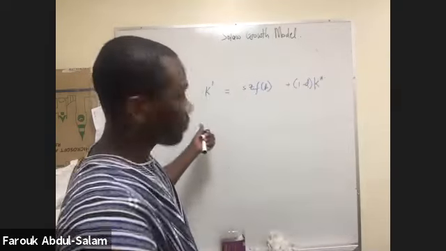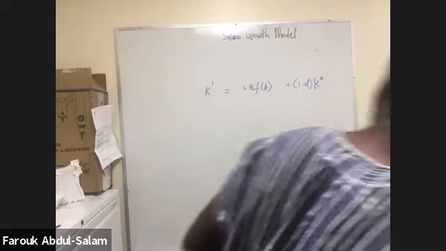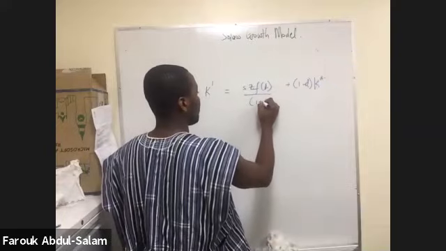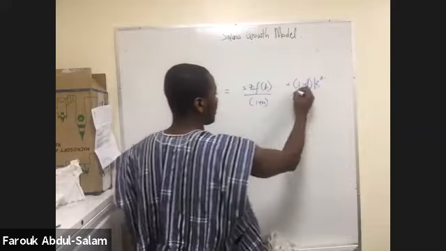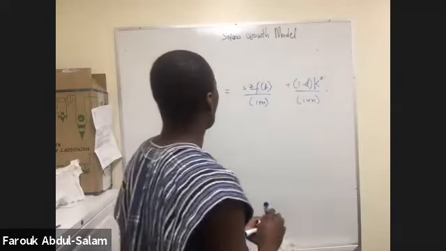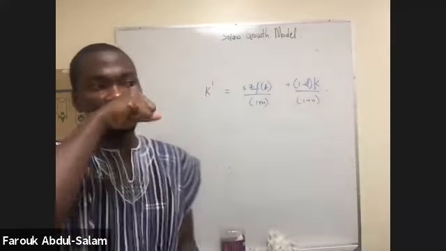There's going to be 1 multiplied by n, right? It's 1 plus n. So this tells us how much capital you should be having for tomorrow.